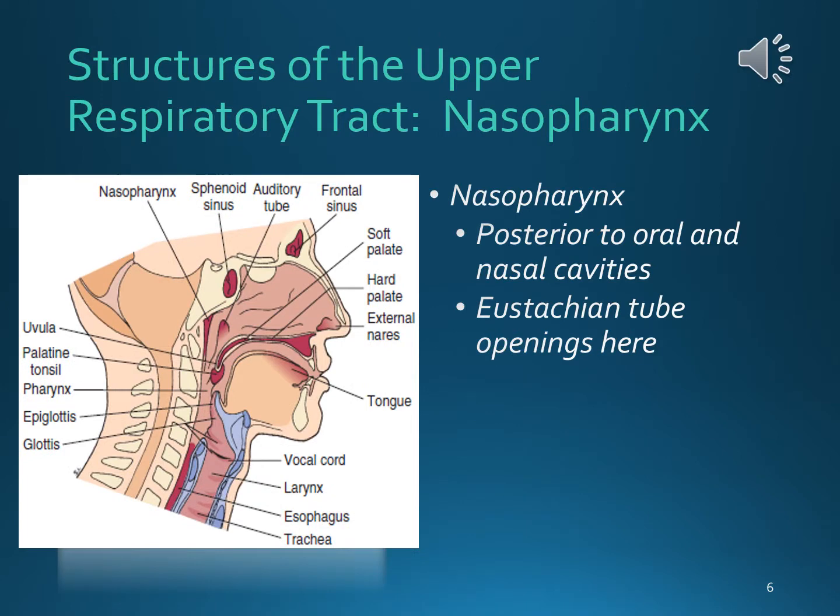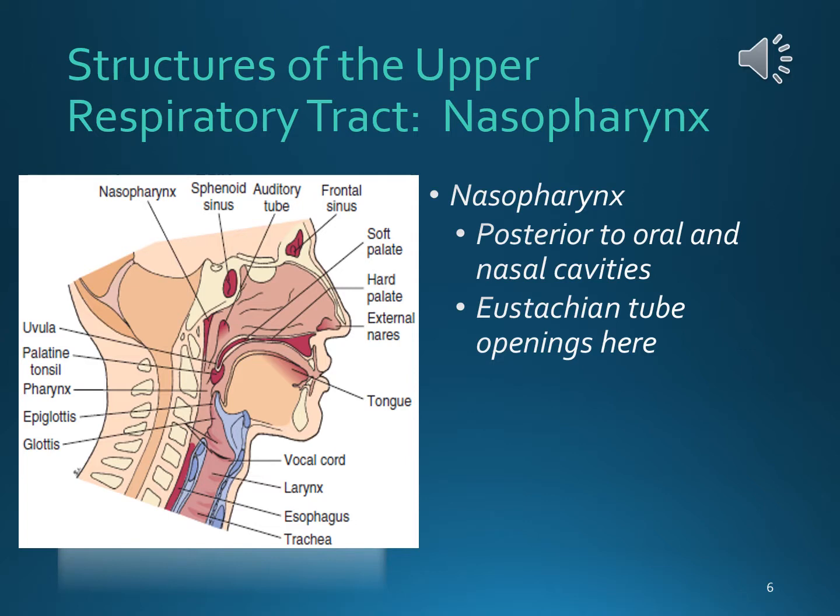The nasopharynx is posterior to the oral and nasal cavities, and this is where your eustachian tubes open. It's interesting to think about everything that's related here, and it's in such a small space and it all drains in. When you're very small, like a baby or a small child, this area is even smaller.